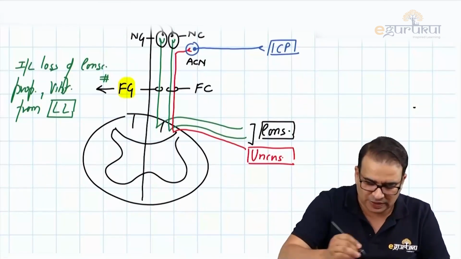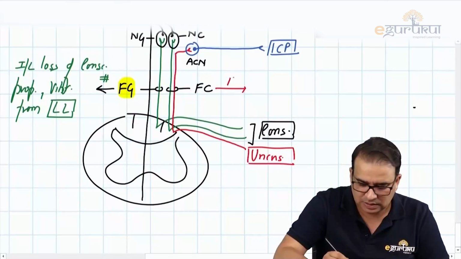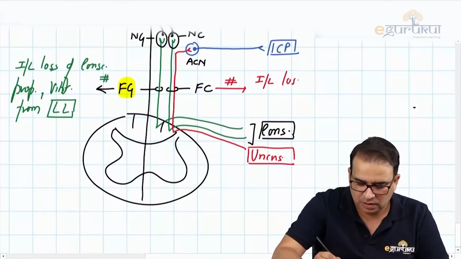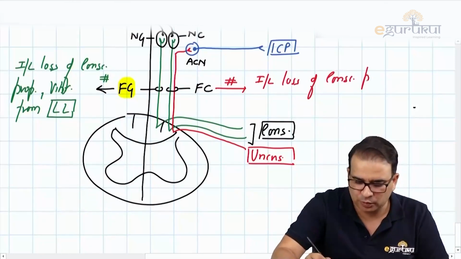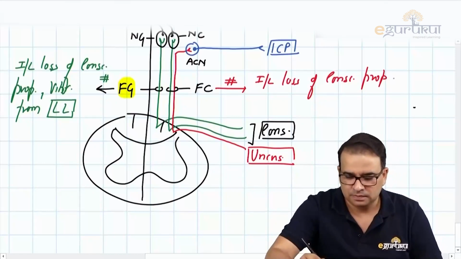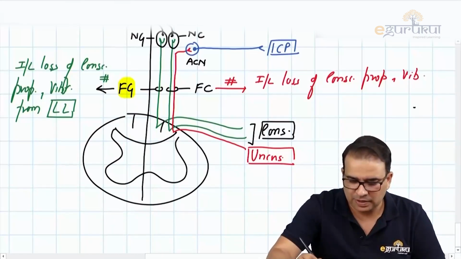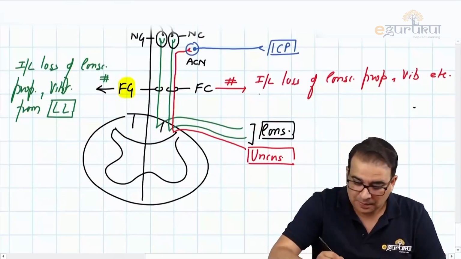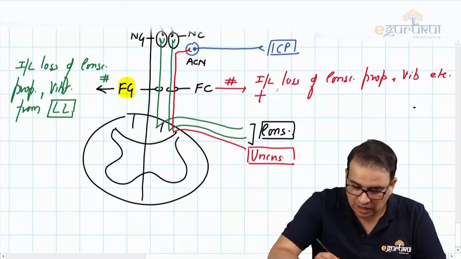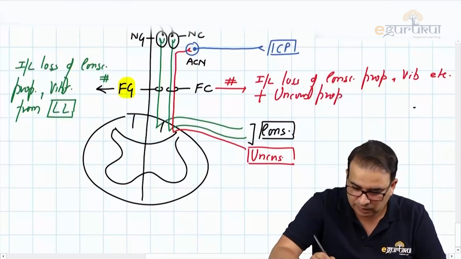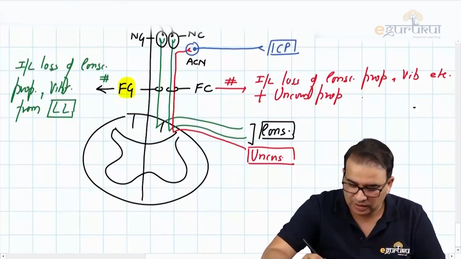This will lead to the ipsilateral loss of, again the same thing, conscious proprioception, vibration, etc., plus unconscious proprioception also. From where? From the upper limb.